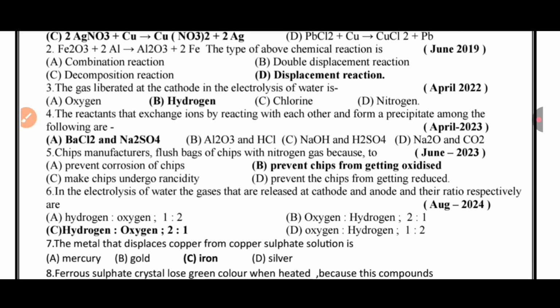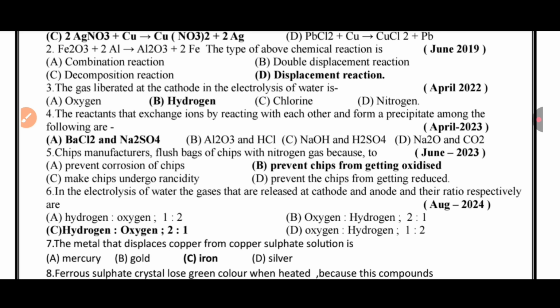Chips manufacturers flush bags of chips with nitrogen gas to prevent corrosion of chips, prevent chips from getting oxidized, make chips undergo rancidity, or prevent the chips from getting reduced. The correct answer is to prevent chips from getting oxidized.